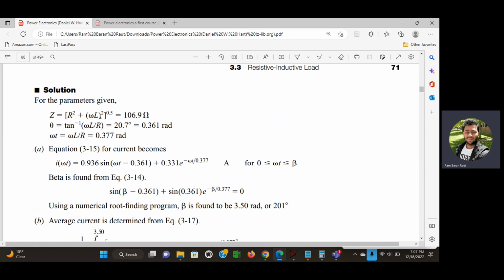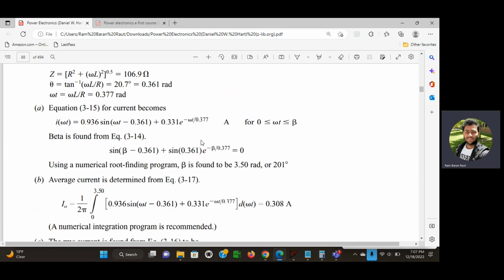We can find this one. It's so simple. It's just the square root of R squared plus omega L squared, which equals 106.9 ohm. This is the impedance for the circuit. This is the phase, and this is omega t, which is in radian.